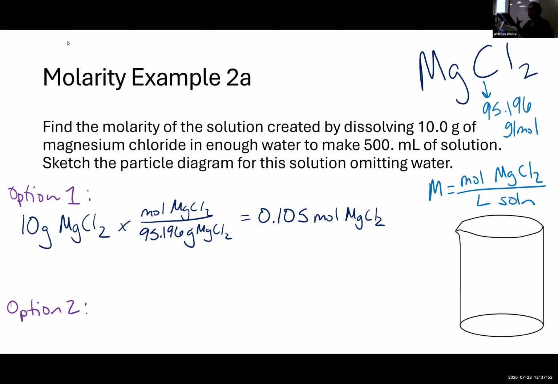To find molarity, the next step is to take your moles of solute divided by liters of solution. So it's saying I have 500 milliliters of solution. I can't just divide this by 500. Milliliters and liters are not the same unit. I have to divide by liters. So 500 divided by 1,000 is 0.5 liters of solution.